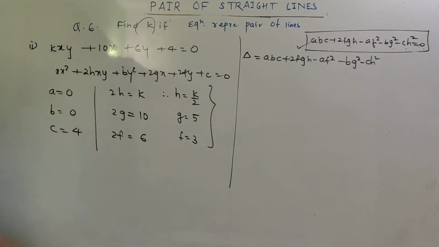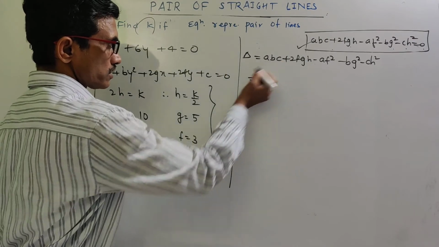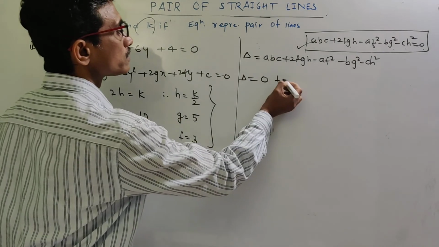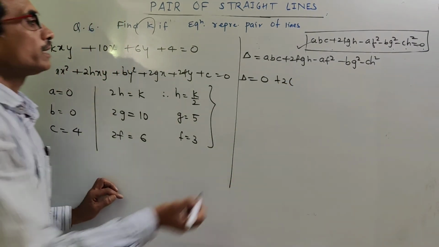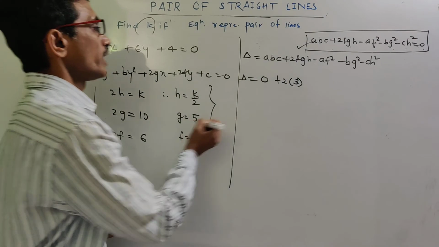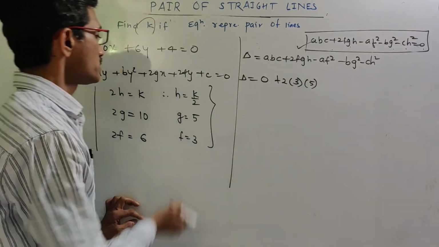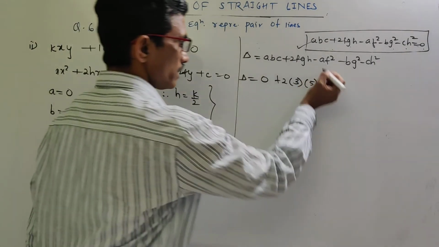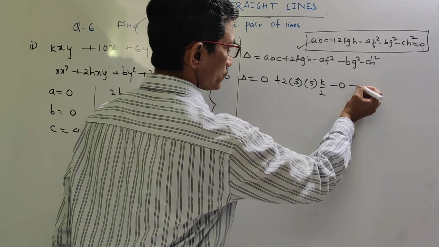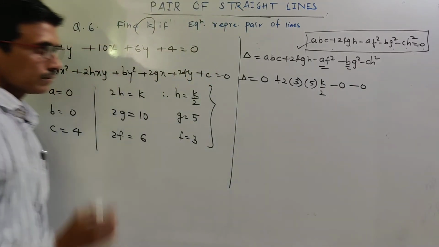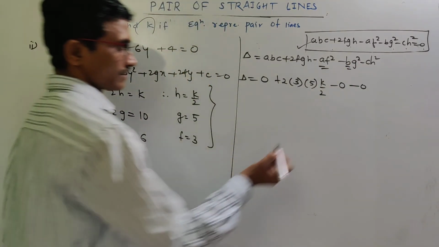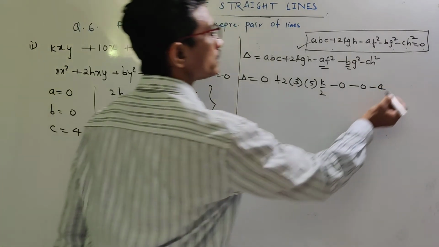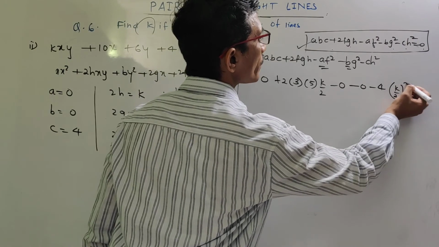a is 0, b is 0, so this first term will reduce to 0. Then 2 times f, f is 3, g is 5, h is k by 2, minus, again a is 0, b is 0, c is equal to 4, minus 4 into h square, h is k by 2 square.